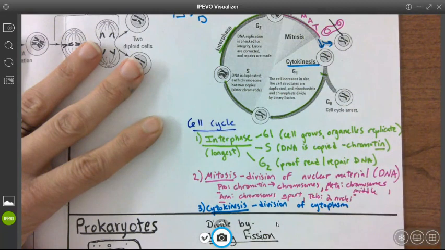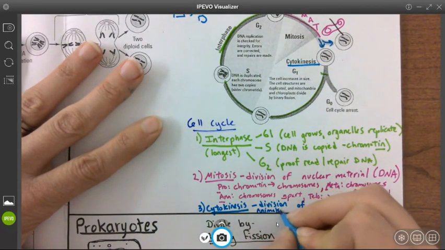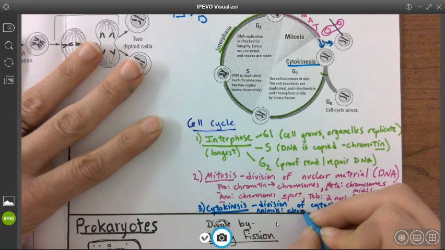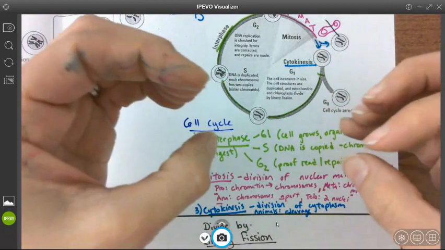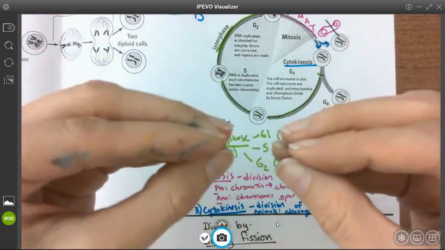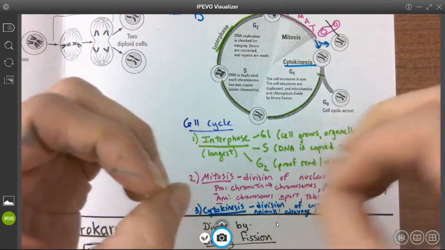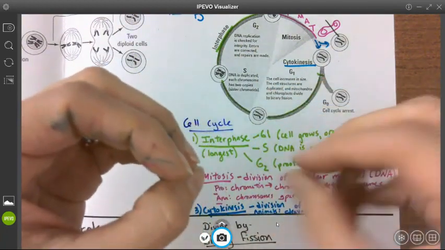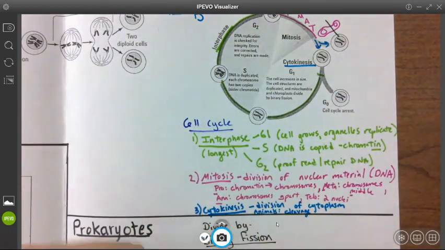There's many different mechanisms where this can happen. In animal cells, something called a cleavage furrow occurs, where the animal cells are being pulled apart, and it kind of looks like, if you pull gum apart, it's thinner and thinner and thinner, and then there's a split between the cytoplasm of the two cells, and then the cell membranes are completely formed around each animal cell.